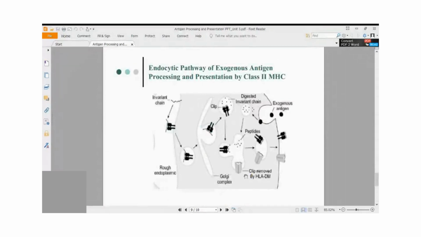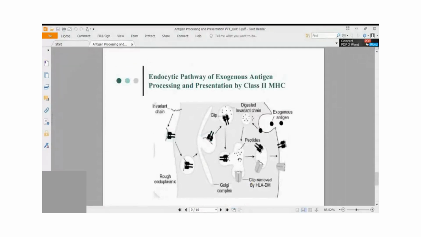At the same time, in that same vesicle, a lot of protein digestion is taking place because it is an endolysosome, and peptides are being generated, of exogenous origin, from the exogenous antigen.